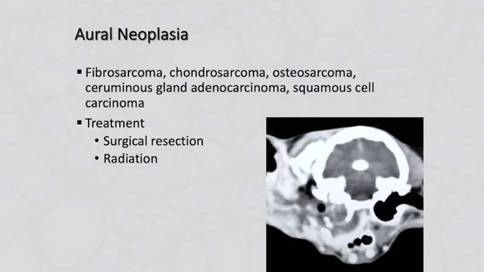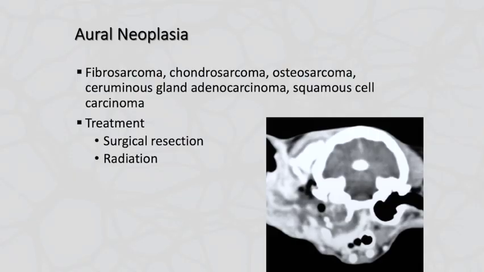There's a number of different aural neoplasias that can cause vestibular signs. Fibrosarcoma, chondrosarcoma are probably going to be some of the more common ones. Of course, lymphoma in cats as well. Osteosarcoma has been reported. Ceruminous gland adenocarcinomas, squamous cell carcinomas have been reported too.